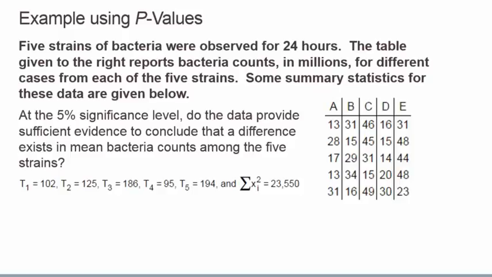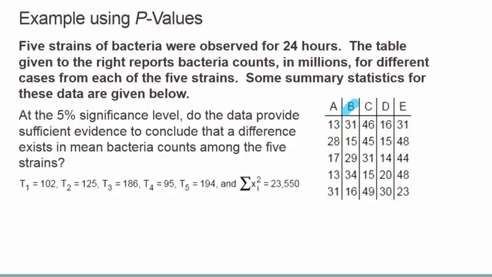We have T1 equals 102, T2 equals 125, T3 equals 186, T4 equals 95, T5 equals 194, and the sum of x sub i squared equals 23,550. Our data set for strain A, I have 13, 28, 17, 13, 31.